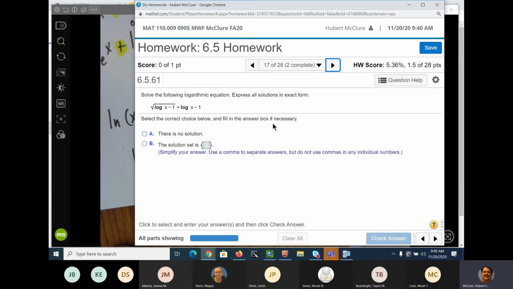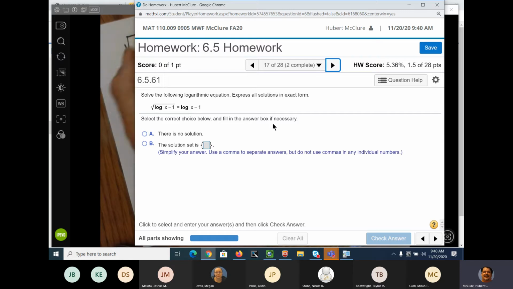Let's write that one down. Square root of log x minus 1 is equal to log of x minus 1. And I said square both sides.